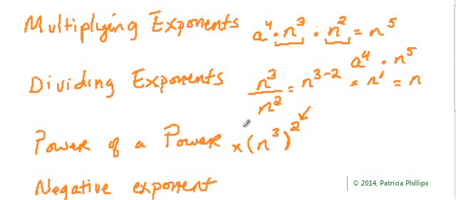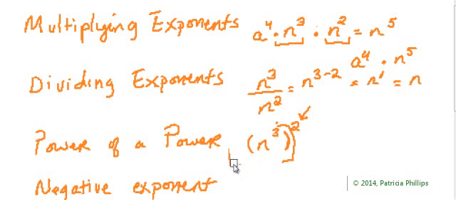Now, if you wanted to do something like this, put it in brackets. Okay, so then you could rewrite it as x to the power of 2 times n to the power of 3 to the power of 2. So it's all about the grouping symbols. Okay, so let me erase this.